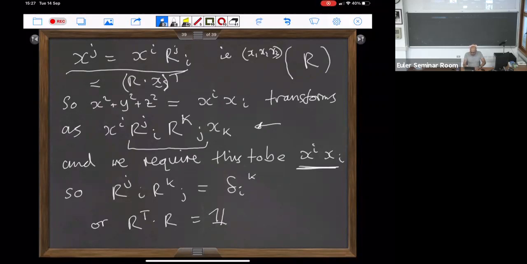This is just a notation for the identity matrix. So the entries here equal 1 if i equals k and 0 otherwise.